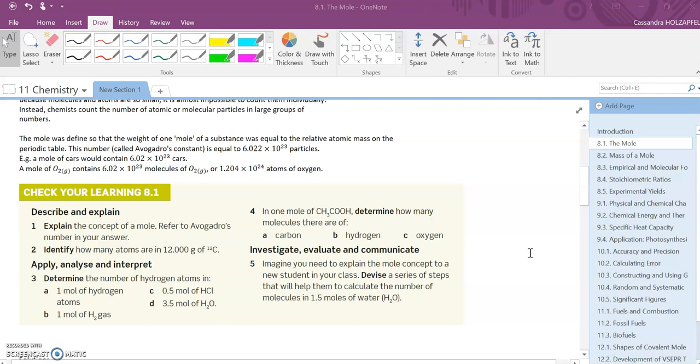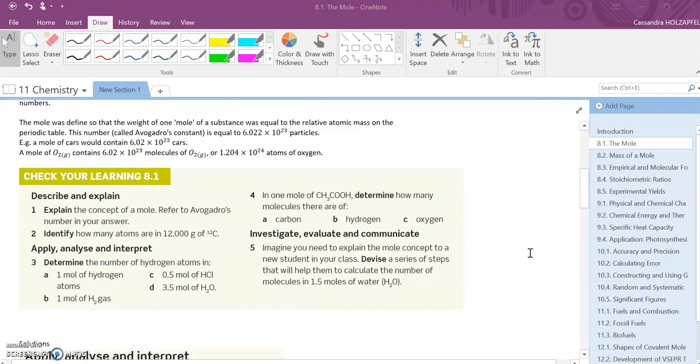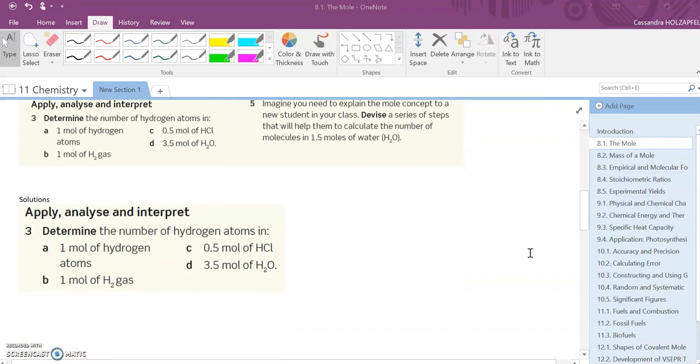All right, so let's go through these trickier ones now. So question 3, I'm not going to go through all of them. I'm just going to go through 3B and 3D. So 3B, determine the number of hydrogen atoms in 1 mole of H2 gas. Now, just like before, there's actually 2 atoms within 1 molecule of hydrogen gas.